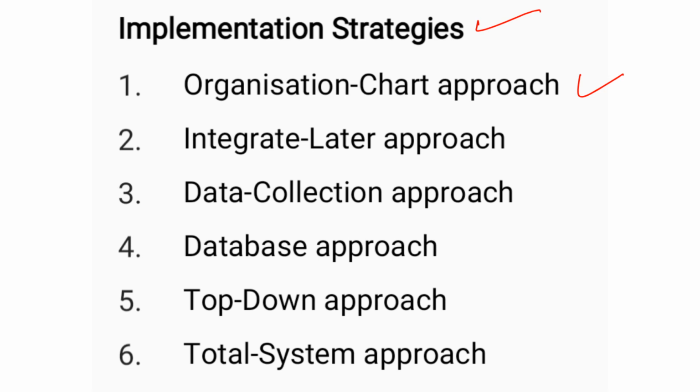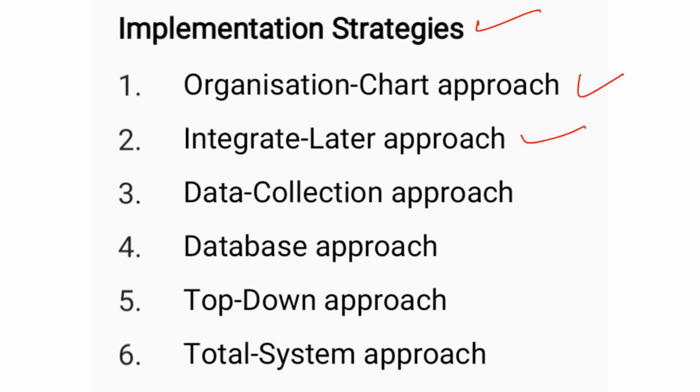Using this approach, the system is designed based on the traditional functional areas. The organization chart consists of different departments: finance, administration, production, R&D, and extension. So these functional areas define current organizational boundaries and structure. So based upon that, you are going to apply the strategies to build this system and implement.